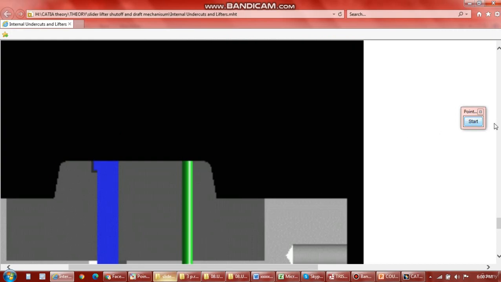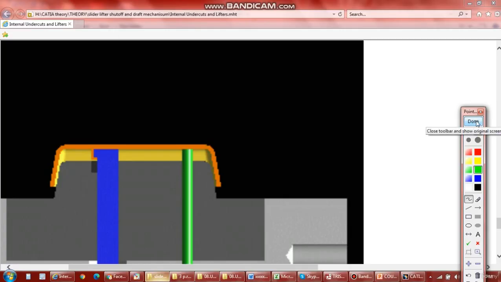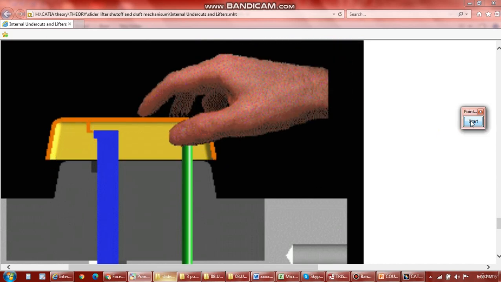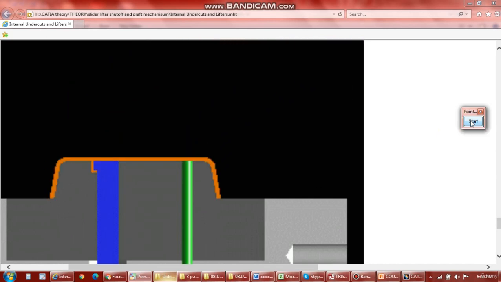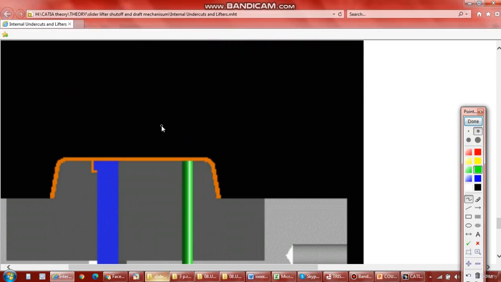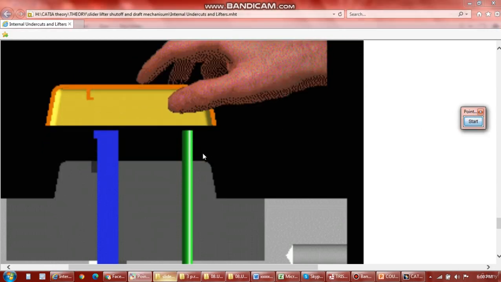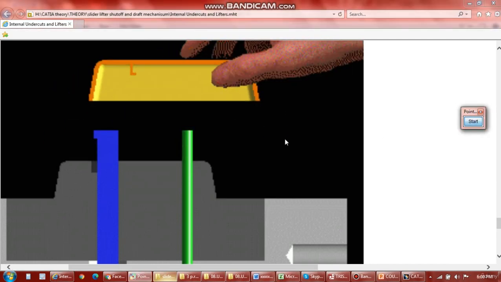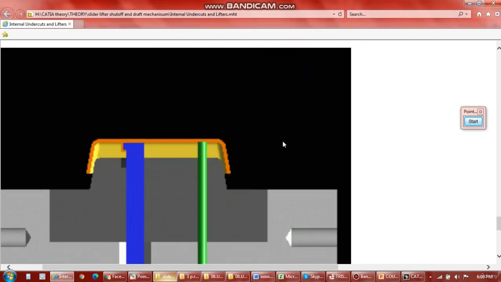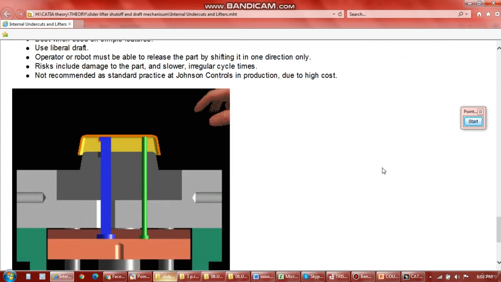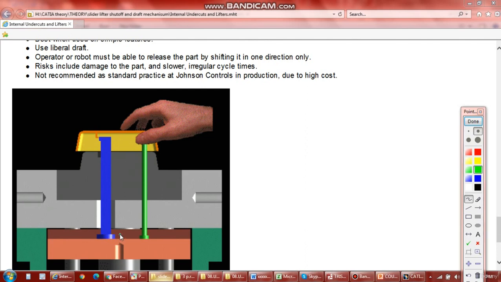Here the lifter is not moving backside. We are doing some manual operation here. If you see here, there is no movement, no mechanism.